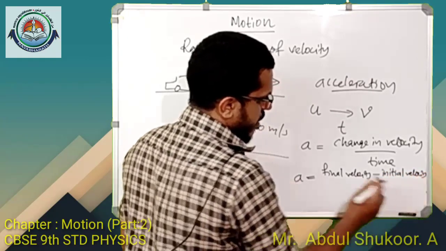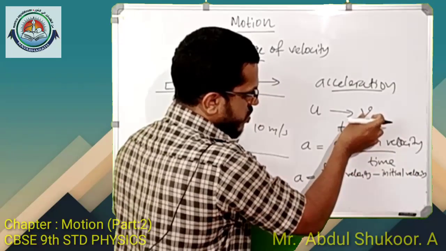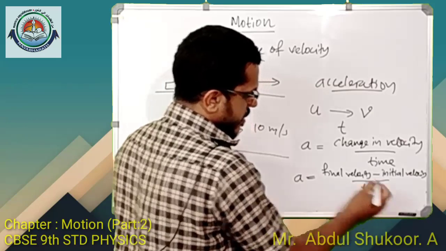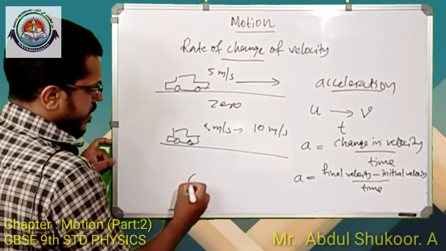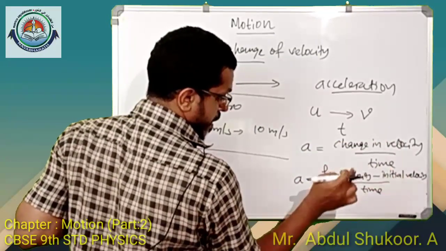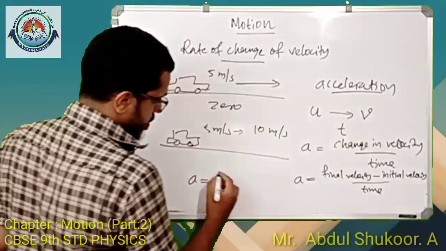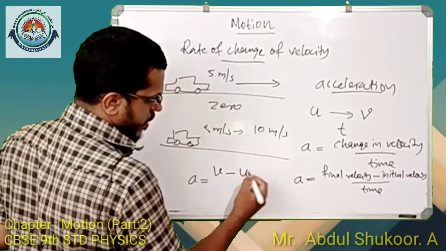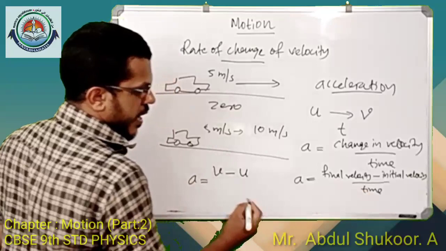What is change in velocity? Change in velocity means final velocity minus initial velocity, divided by time. Final velocity is v, initial velocity is u, so v minus u, and time is t.